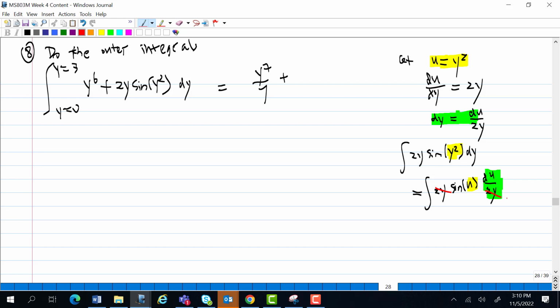So basically you are integrating sine u du. Integrate sine u, you get minus cosine u.